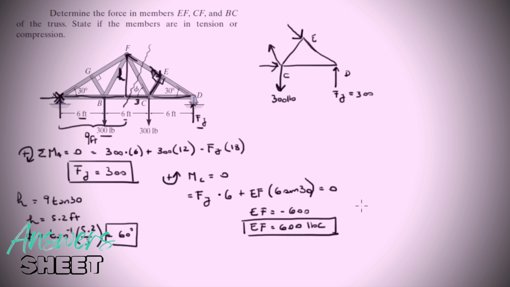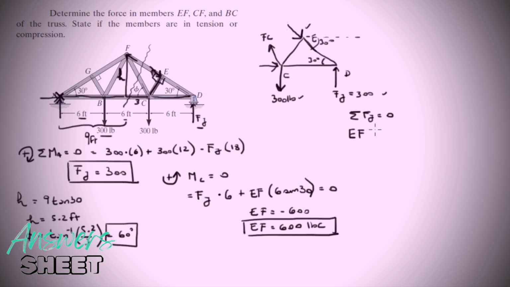Now that you have EF and you have this vertical force and this vertical force, the only other vertical force is this one, which is FC. So you can do the sum of the forces in Y equal to 0. You know that this is 30 degrees, and this is also 30 degrees.